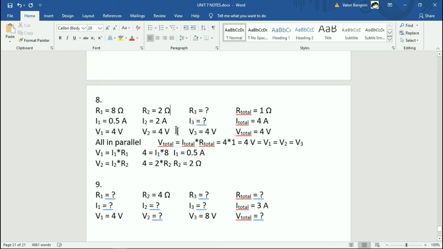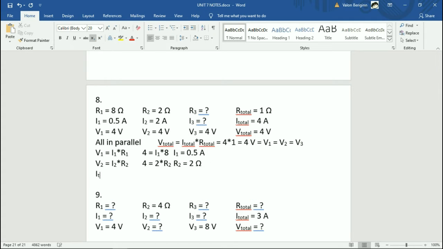So we have 0.5. Let me write this out. So we have I total equals I1 plus I2 plus I3. So we have 4 equals 0.5 plus 2 plus I3. So I3 equals 1.5.